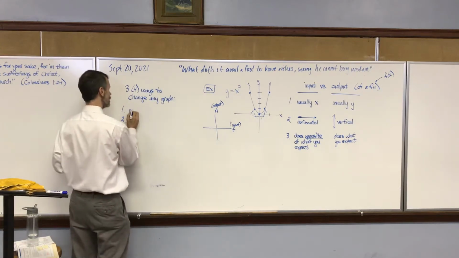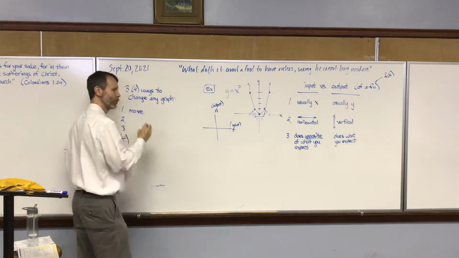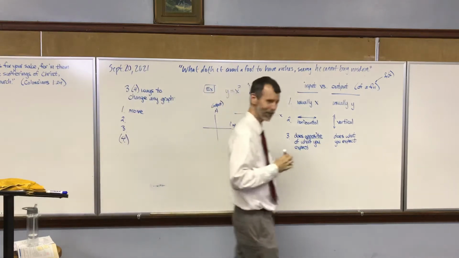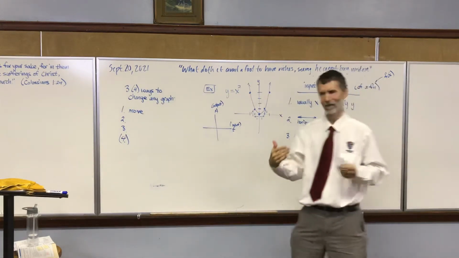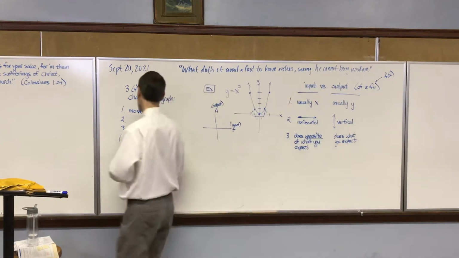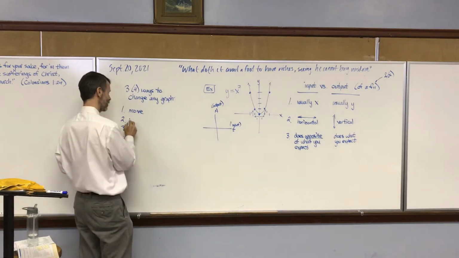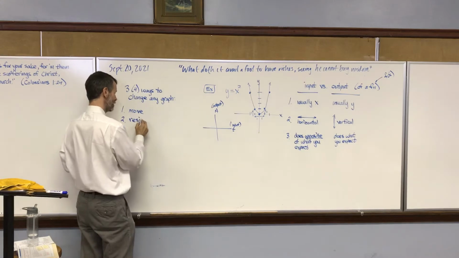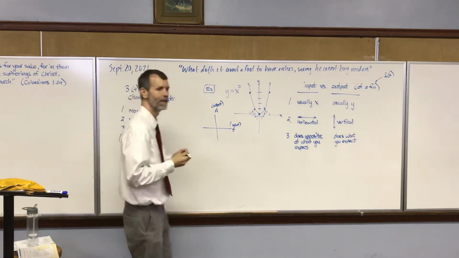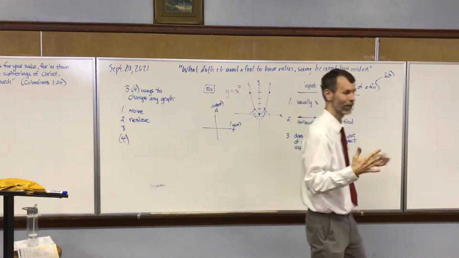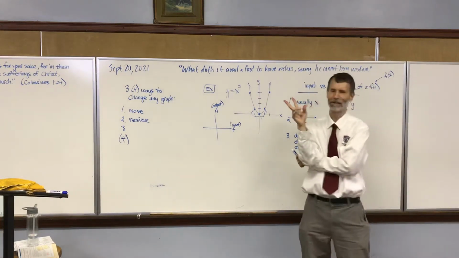First, you can move it. You can take the parabola and move it up, down, left, or right, or some combination. You can move a graph anywhere. The second thing you can do is resize. You can make it bigger or smaller. Now there are 2 ways to do that.